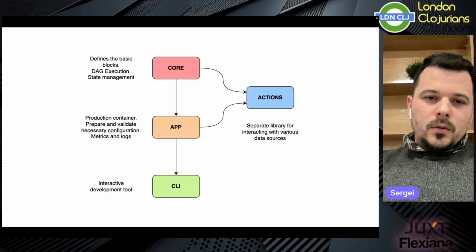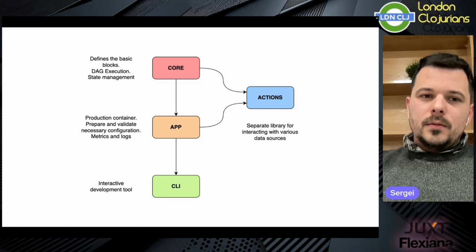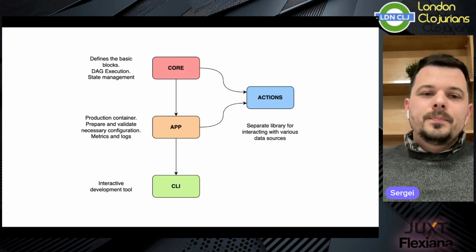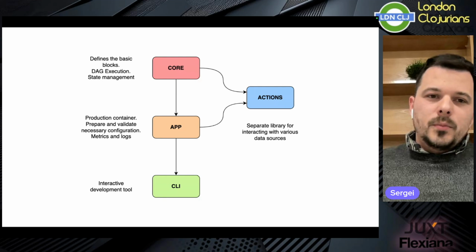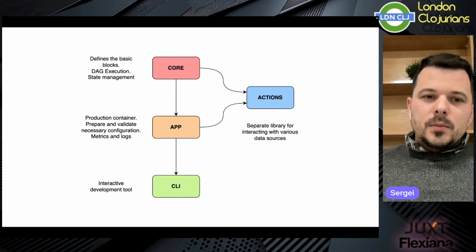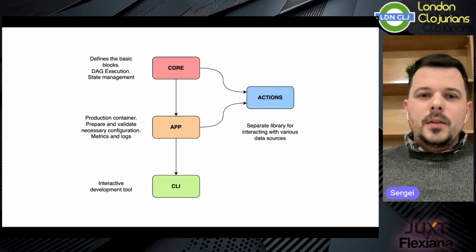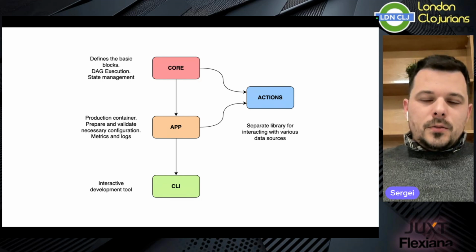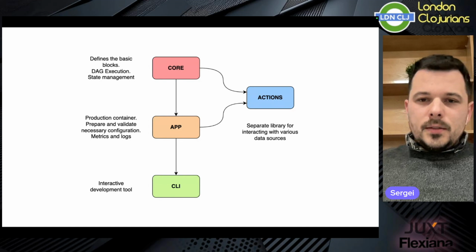For example, the Colette core package, this is the main abstraction of pipelines, tasks, and actions. The core package is responsible for managing dependencies and for the correct execution of your tasks.